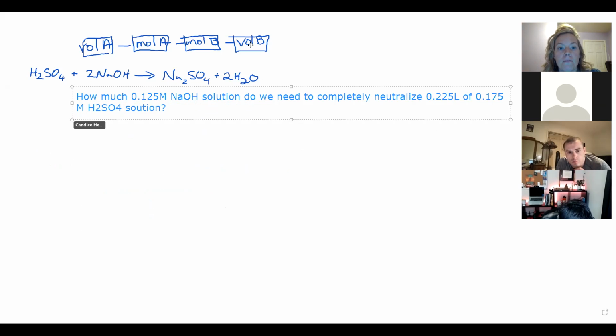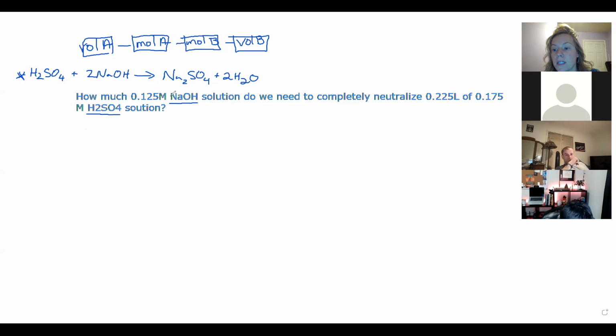First off, I know I'm going to need to do something with solution stoichiometry because there is a balanced equation that was given to us. They don't just give that to you for fun. There's a reason for it. Another thing is, do you see how some of the information is talking about one compound, NaOH, and the other information is talking about this second compound, H2SO4?